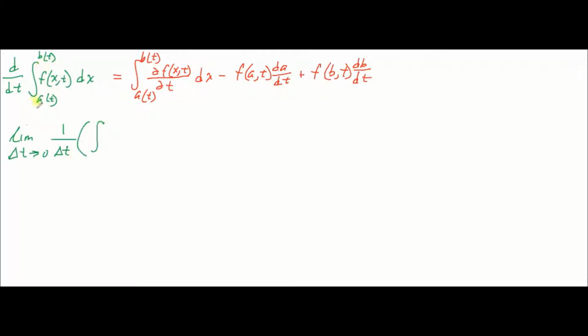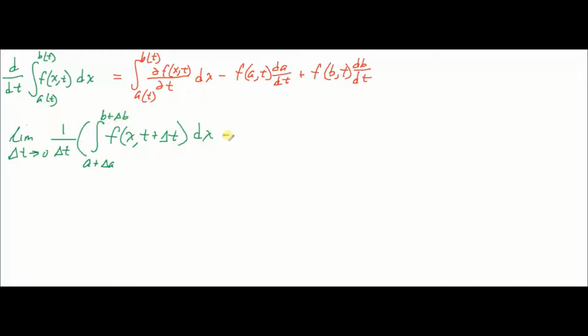And keep in mind, I'm just going to usually put a and b. We're just going to remember they're functions of t, but I'm not going to write a of t and b of t all the time. So if t gets a little bigger, well then a and b are going to be a little bigger. So we could express the bounds of integration as a plus a little more, a plus delta a, and b plus delta b.